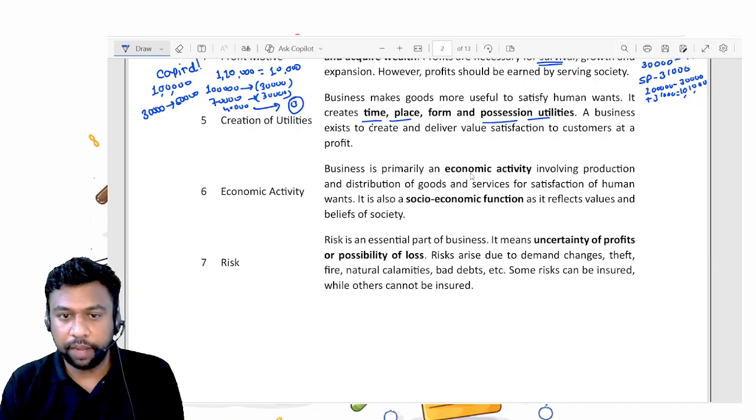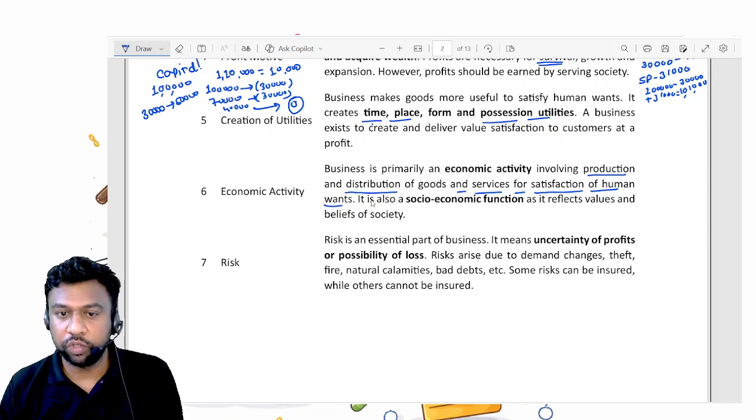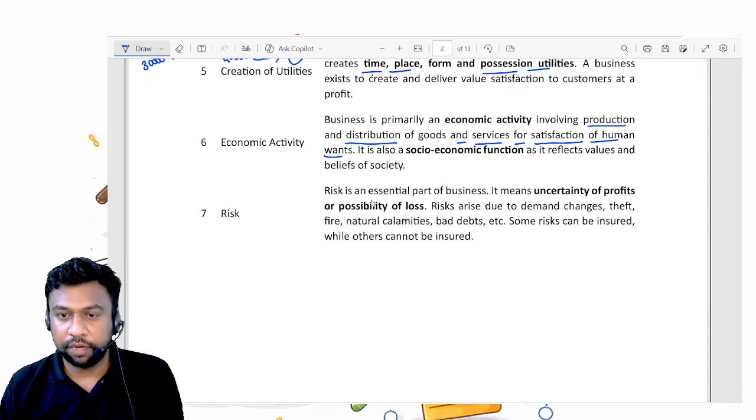Business is a primary economic activity, as we have seen in detail in the first chapter, involving production, distribution, and services for satisfaction of human wants. It is also a socio-economic function as it reflects the values and beliefs of society.